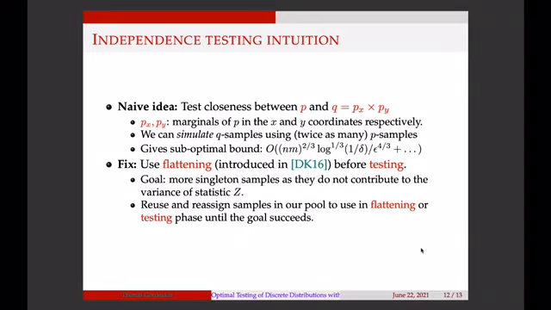And in order to guarantee that our requirements will be met, we cannot guarantee that in one go, but if we reassign our samples constantly many times, so we reuse the same sample set and we reassign each sample to either a flattening or a testing sample, and if we do this multiple times, eventually our requirements will be met.